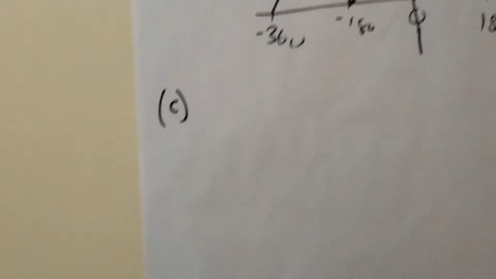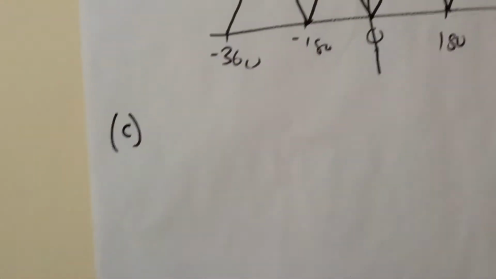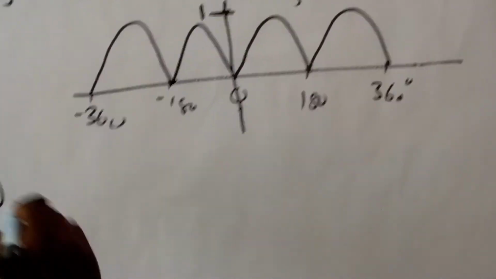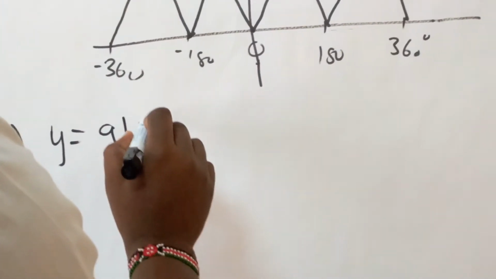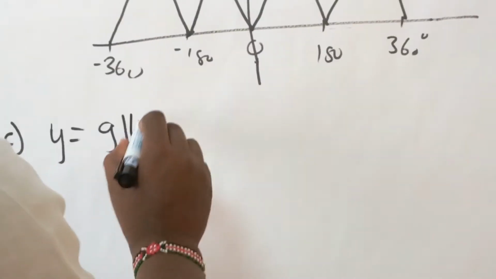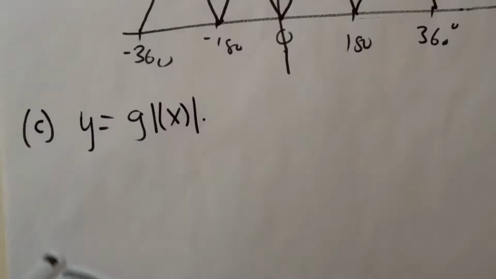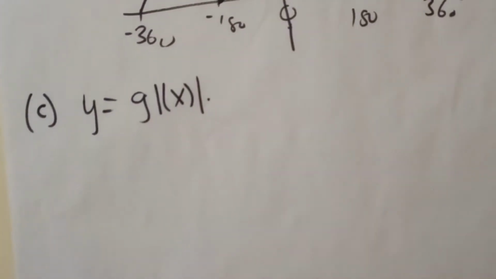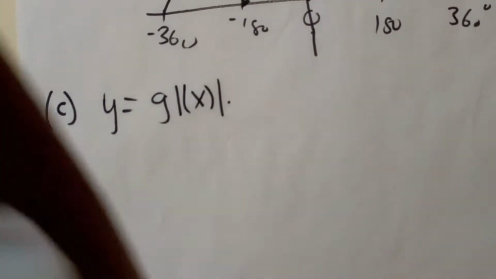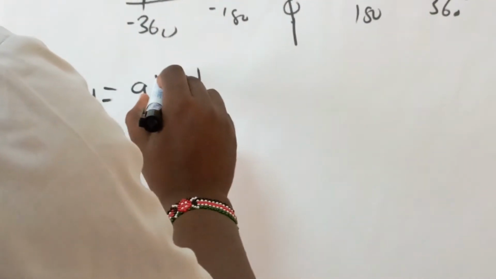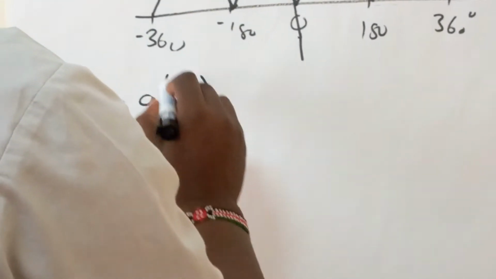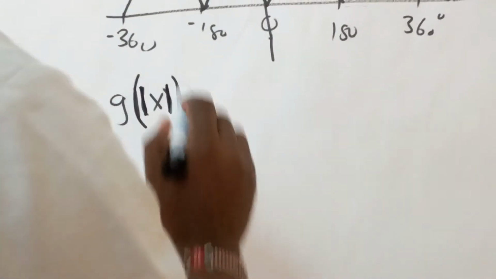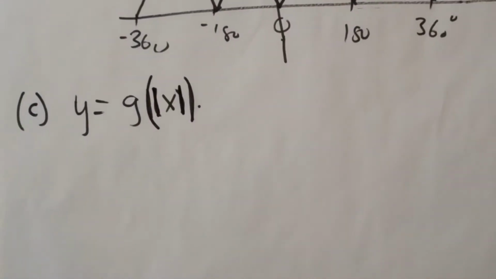Now, it is part C that we must look at closely, because we are expected to sketch the graph of y equals the modulus of x itself. It is the x which is moduled. The x itself is moduled.